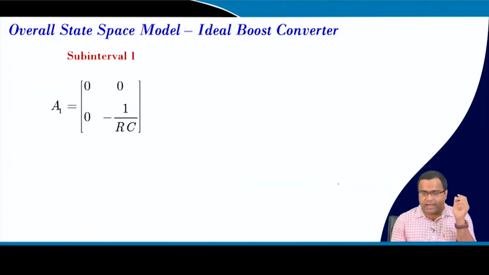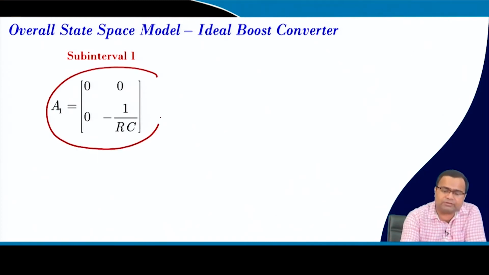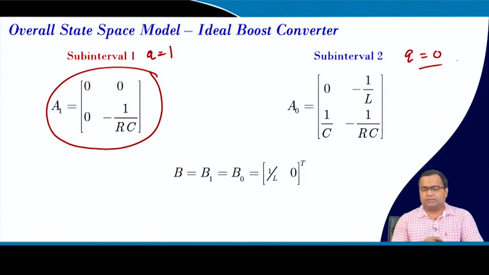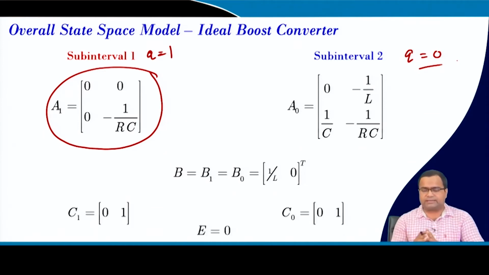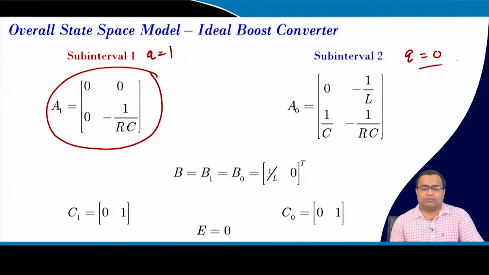So, now if we take an ideal buck boost converter, we can get the A1 matrix when Q is 1, and the A0 matrix when Q equal to 0, okay. So, B1, B0 matrices also you can get, and C1, C0 matrices. So, now we can combine this into vector form, which we are going to discuss.